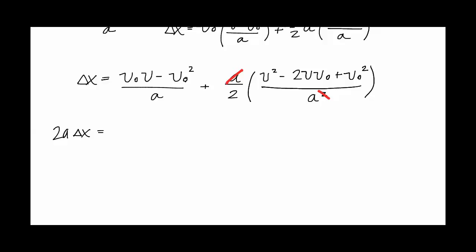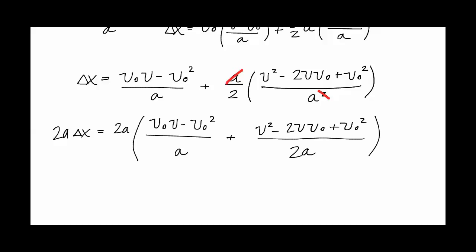So let's just multiply by 2a on the right side, and 2a on the left side. And there I've just combined the 2 and the a on that right term over there. And now my a, the acceleration, can cancel out of the denominator because it's been multiplied.